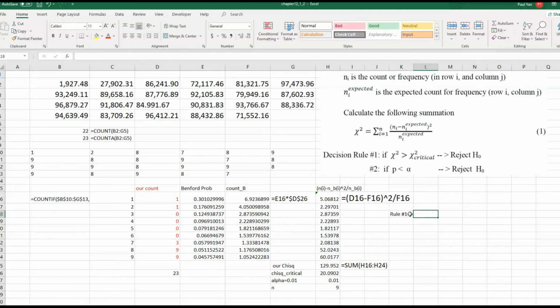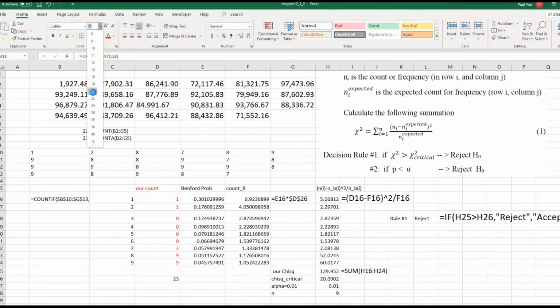The rule number 1 is, if our chi-square is higher than the critical chi-square, we reject, otherwise we accept. Because we know 130 is higher than 20, we reject. So this is our decision rule.